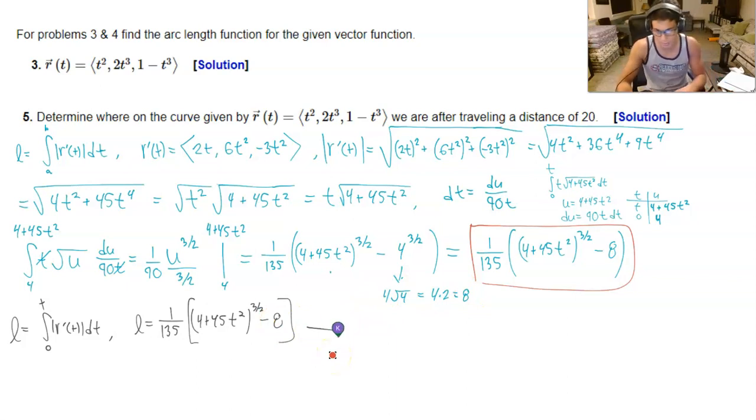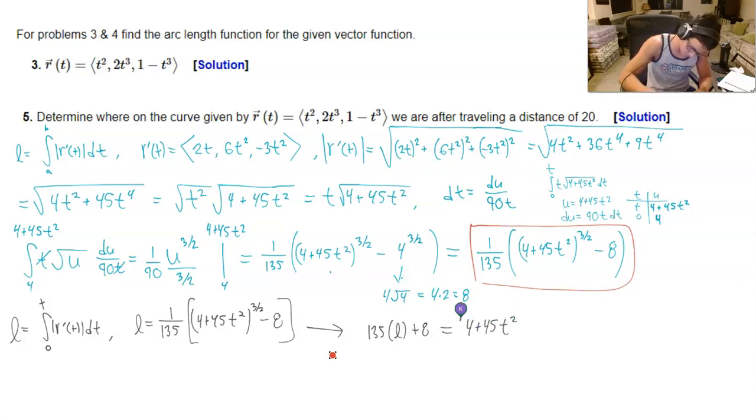So all we're going to do is isolate for t. That's it. So we're going to have 135 L and then plus 8, right? And then that is equal to (4 plus 45t squared) to the 3/2.